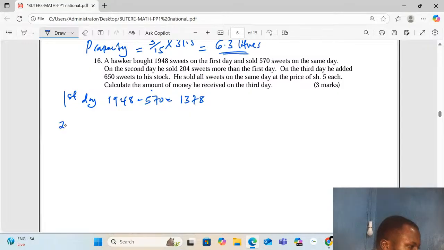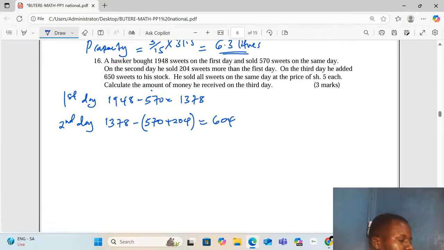Now, on the second day, he was remaining with 1378 sweets, but he sold 204 more than the previous day. So that is 570 plus 204. So that means he remained now with 604 sweets.